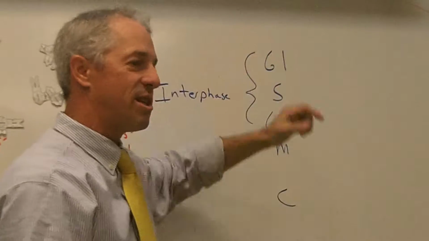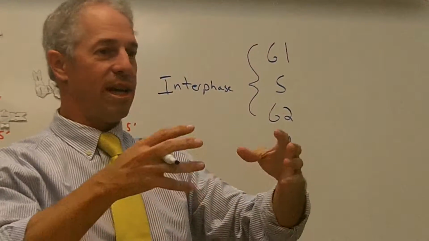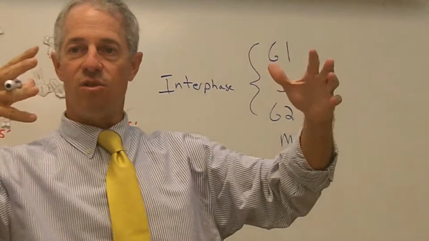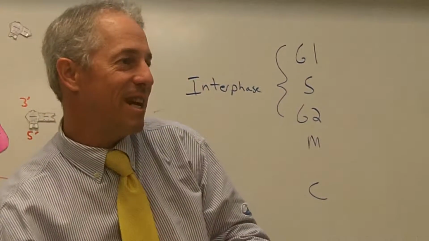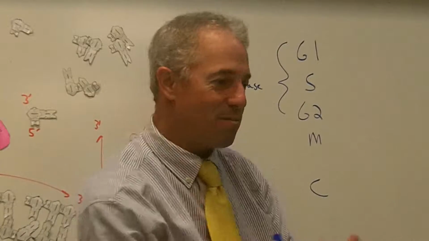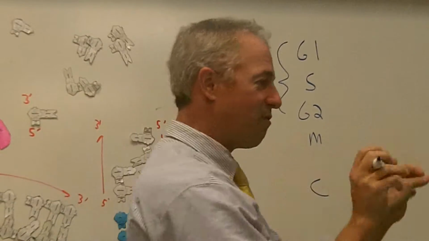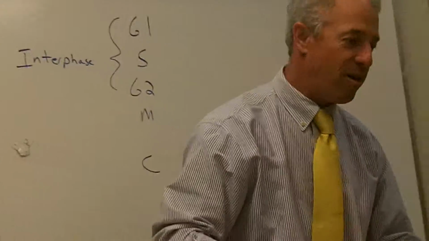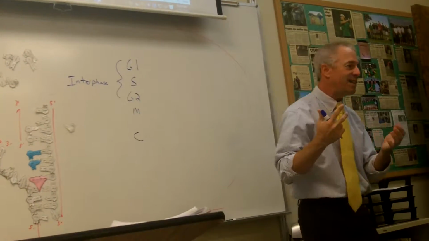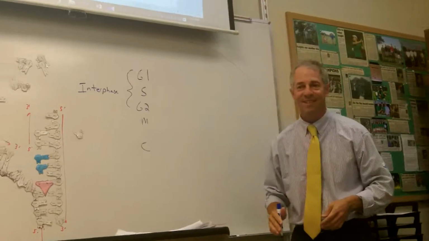G1 is when the cell grows and gets bigger and does its normal thing. It takes in food, it makes proteins, it moves stuff across membranes, it transports vesicles around, it moves those little motor molecules along. It does everything it normally does.